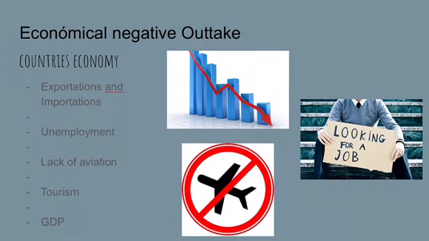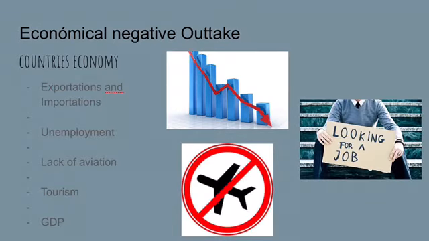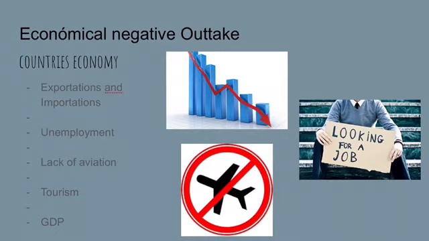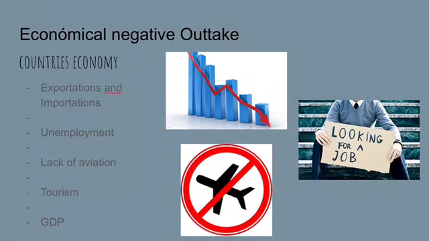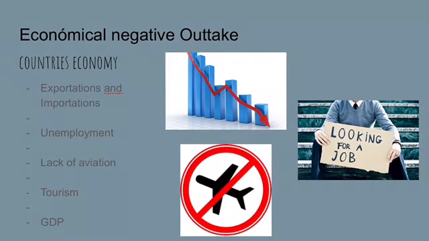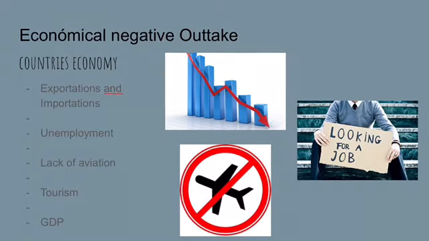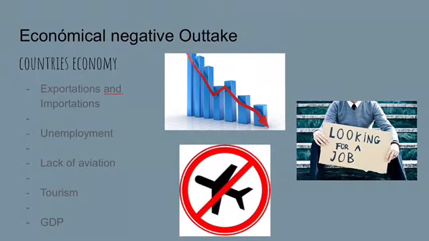Many people are not having jobs based on the jobs not being able to support them when they're staying at home. The airports are all closed, so there's a lack of aviation, which affects tourism in the world, which helps a lot of the economies. So without tourism, most of these economies are not sustained, and the GDP levels have decreased for most countries.